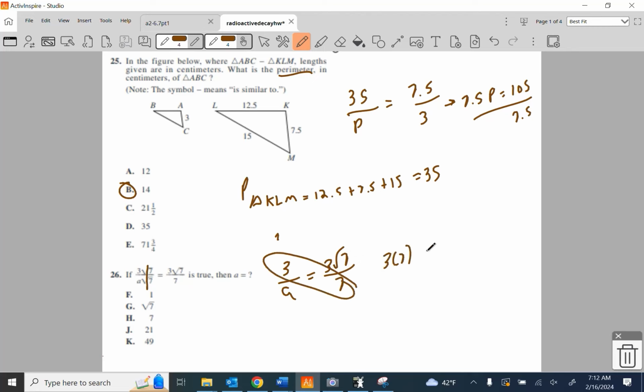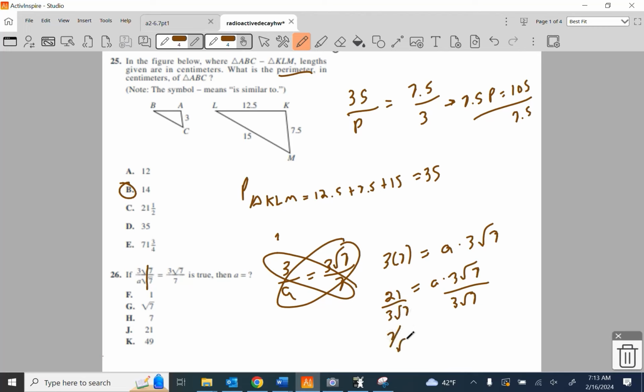3 times 7 must equal a times 3 root 7. And then we're going to reduce on down. 3 times 7 is 21. We're going to divide both sides by 3 root 7. And that'd be 7 over root 7, which will multiply by root 7 over root 7.